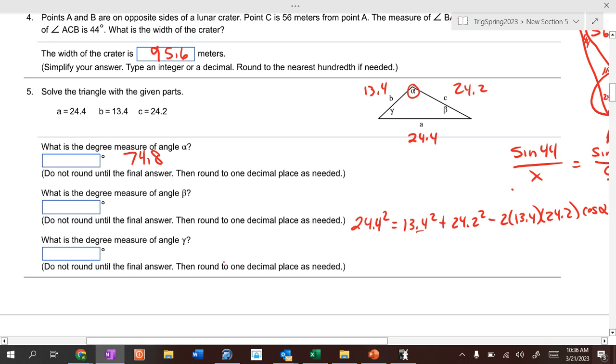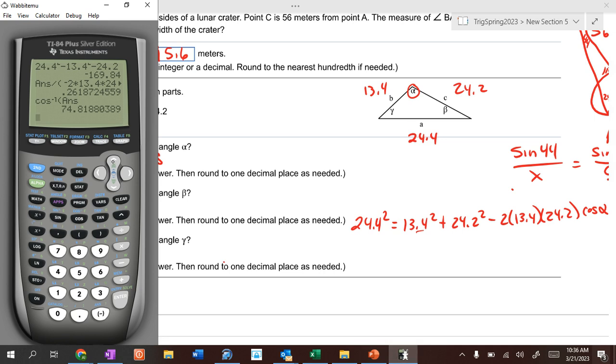Then after that, you could do law of sines, or what I think is fairly easy is just use law of cosines again. So just go 13.4 squared minus 24.2 squared minus 24.4 squared. And then divide by negative 2 times 24.4 times 24.2.